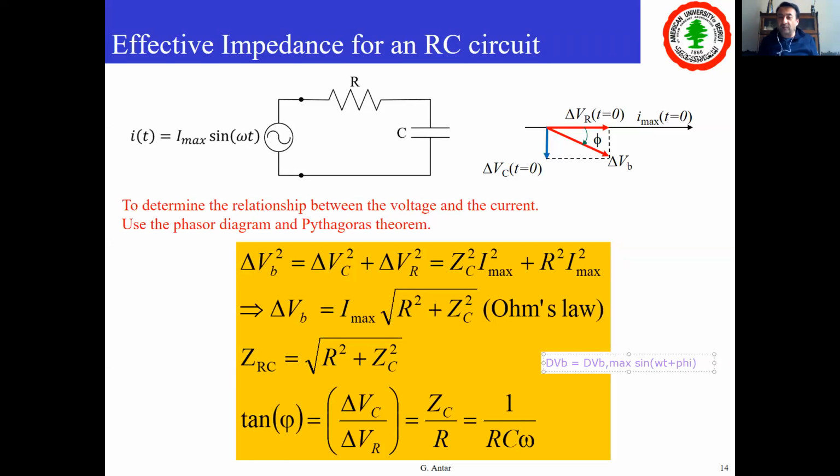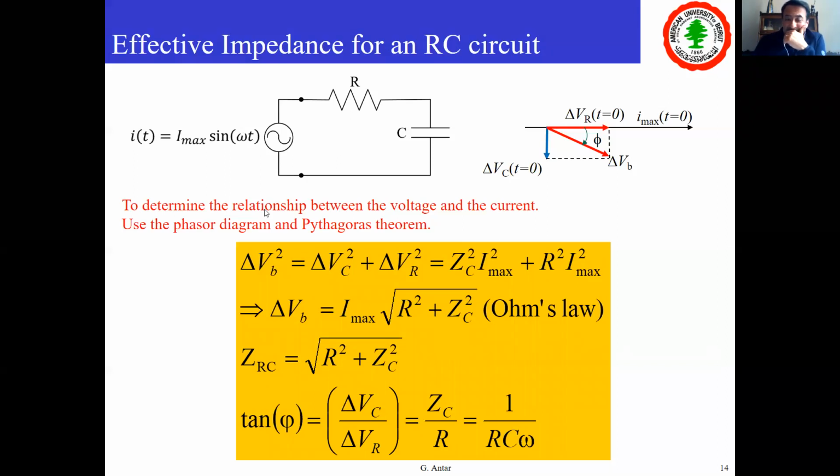This is the general form, where delta V_B max is basically equal to the square root of R squared plus Z_C squared, okay? And the phi is the arccotangent, or arctangent, of 1 over RC omega, okay? In this case, I have calculated the potential difference around my battery, given the current around my battery.